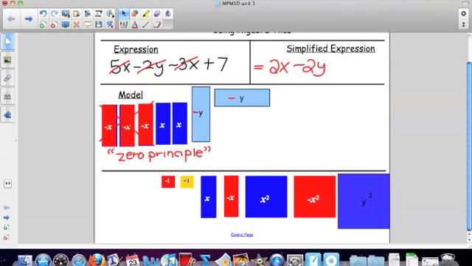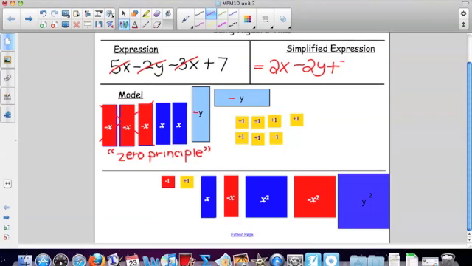And are they positive or negative? Okay. Do we have to combine anything with the positive 7? No. So to illustrate that, I need 1, 2, 3, 4, 5, 6, 7. Okay. And my final answer also has a positive 7.